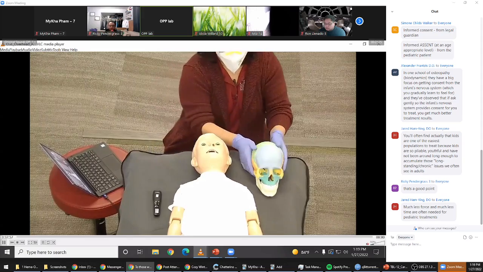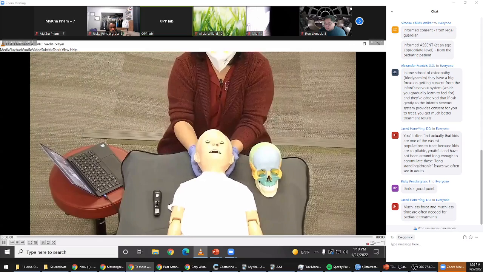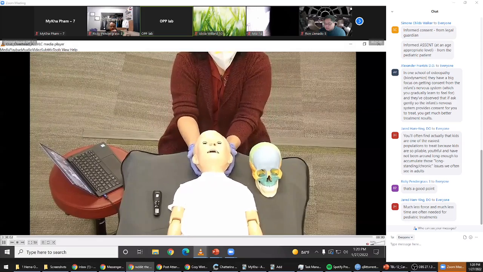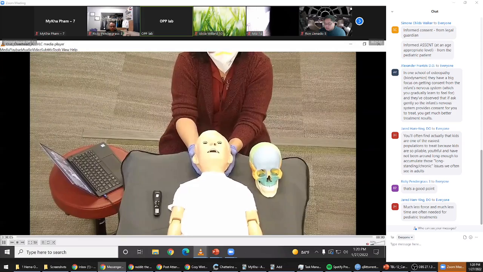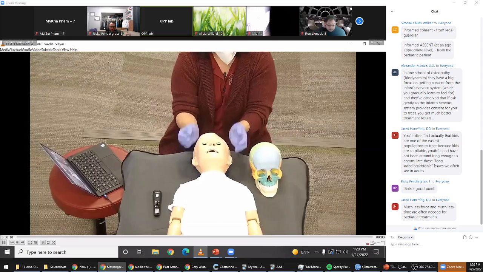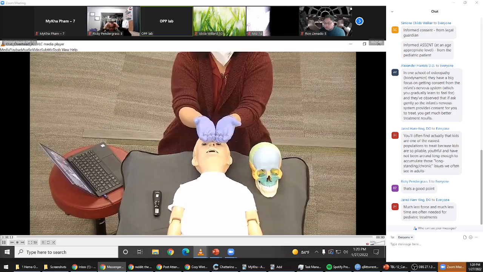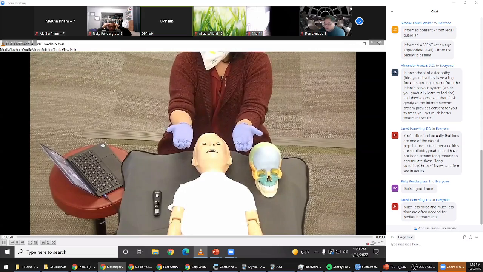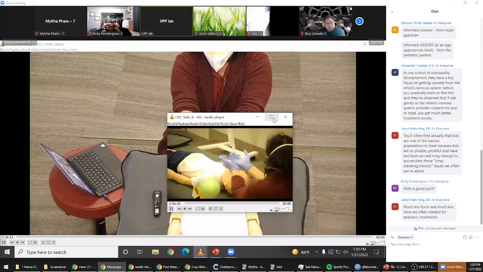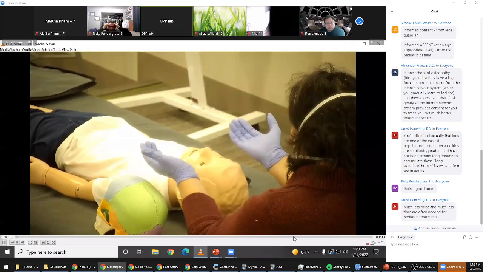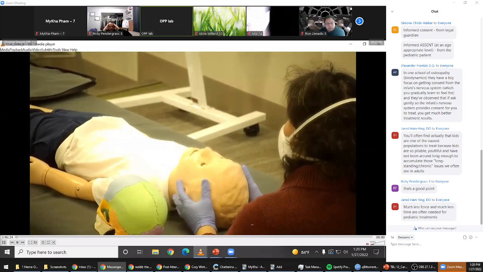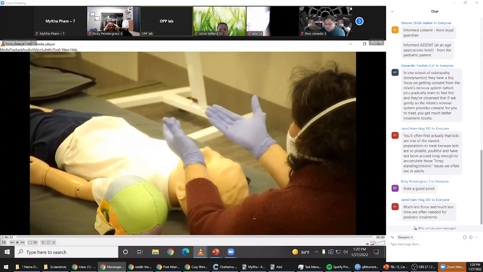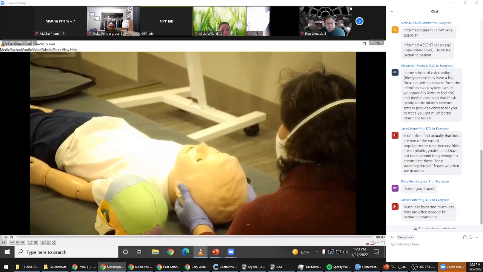So on the mannequin, and you all had this done before, it's one of the most common techniques. You make a little bit of anterior pressure just to make contact, weight of the head, and then you bring your wrists together. So it's not just a lateral movement, condylar decompression is a lateral and 45-degree movement. But in the younger child, it isn't as dramatic as it is in the adult.